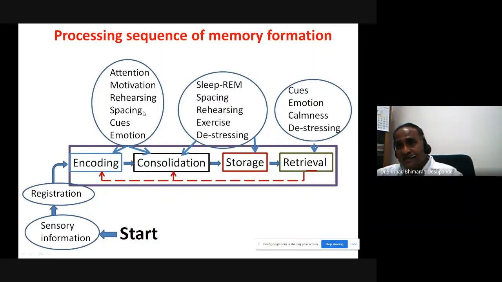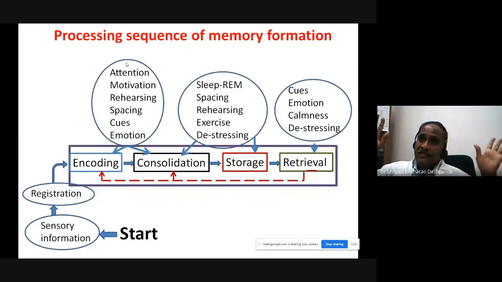Rehearsing, again, I tell you that there are two components. One, rehearsing by reading. The reading has two components. One, if you are reading silently, sometimes you are lost because your mind is very fluid and wanders all over the place.